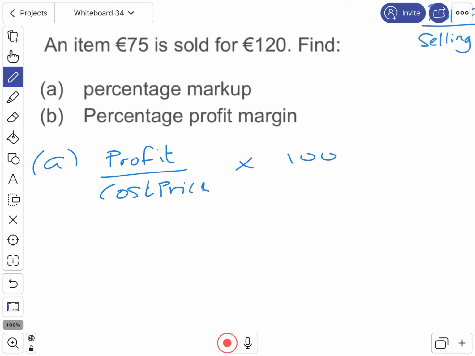So to find what my profit is, an item worth this much is sold for this much. So to find my profit there, I'm going to take 120 and I'm going to minus 75 from it. And I end up there with 45. So my €45, that is my profit.